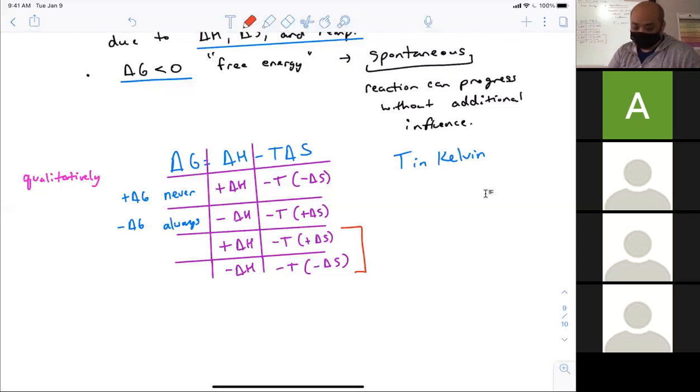Temperature. Because the delta H and delta S of a reaction are fixed. If you have a certain reaction, H and S will always be the same. So the only thing you have to factor in is temperature. That's the only thing you can manipulate in this reaction.